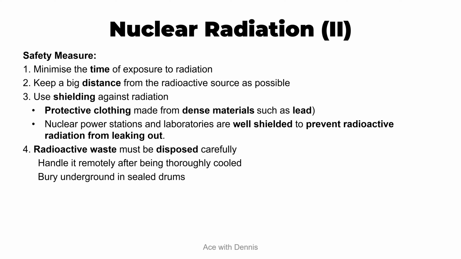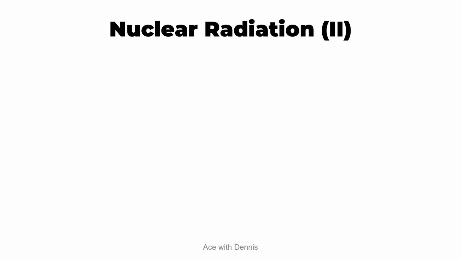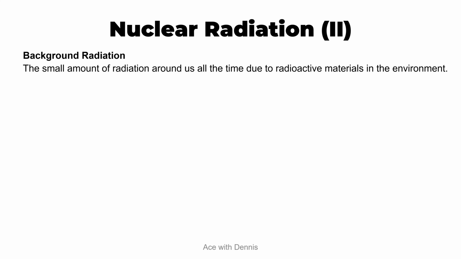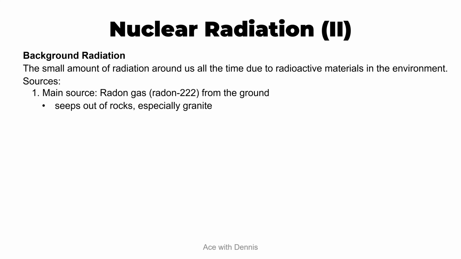Do you know that radioactive radiation is around us all the time, even now? This is called the background radiation. It is the small amount of radiation around us all the time due to radioactive materials in the environment. Here are a few sources. Number 1. The main source is radon gas, or radon-222, from the ground. Radiation seeps out of rocks, especially granite. Number 2. Ground and buildings.